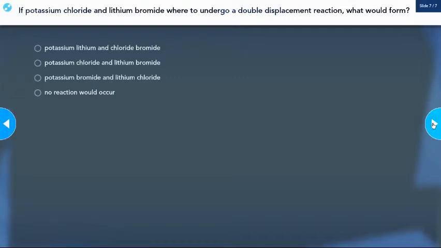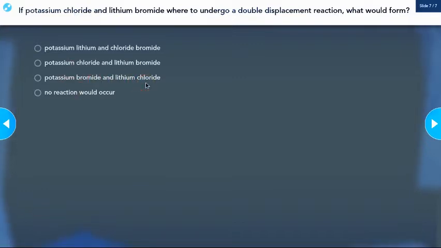So if they were going to switch, then the potassium would go with the bromide because this is the cation and that's the anion, and lithium would go with the chloride because this is the cation and that is the anion. So we should be forming potassium bromide and lithium chloride.